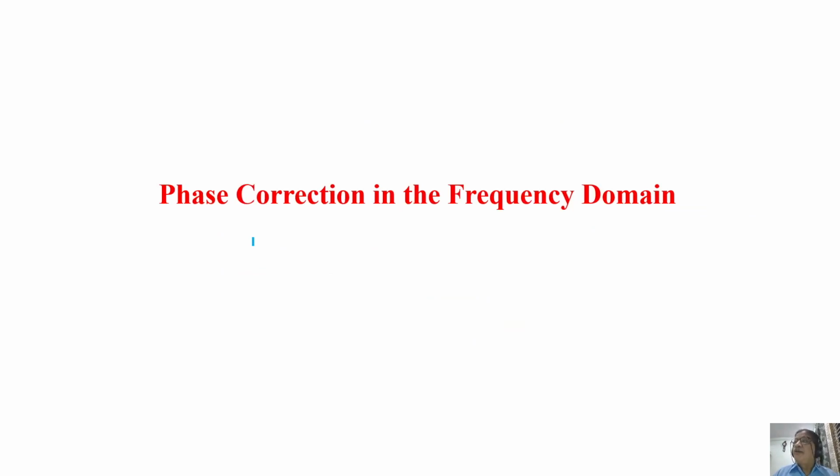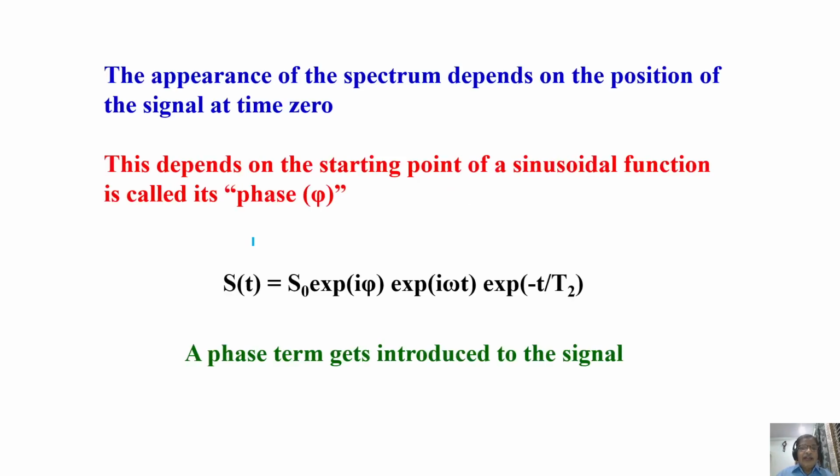Okay. Now, we have to do what is called phase correction in the frequency domain. We discussed pulse phases and phases of the signal in the previous class and earlier also, 2 or 3 times. Now let us see how the appearance of the spectrum depends on this.